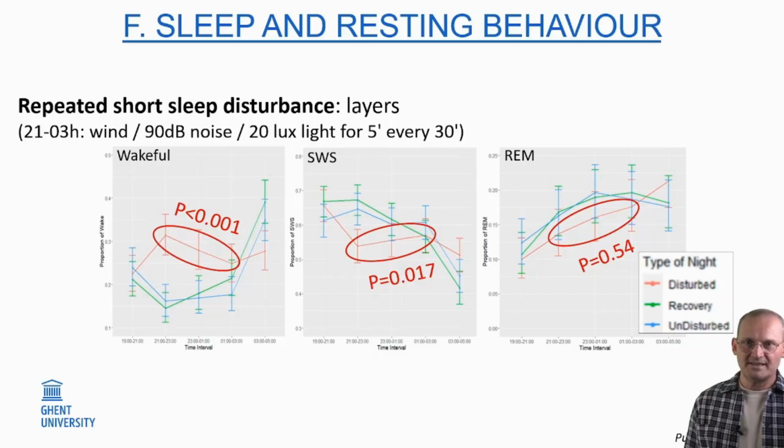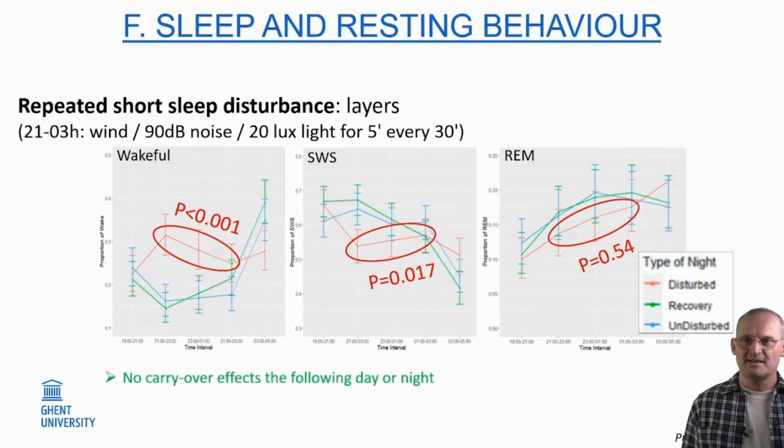And then we looked at nights where the disturbance actually took place, in red, the nights afterwards, the recovery night, and the night before, which is the undisturbed night. And you can see that the actual sleep disturbance was effective, because during disturbed nights between 9 and 3 o'clock in the morning, they were more likely to be awake.